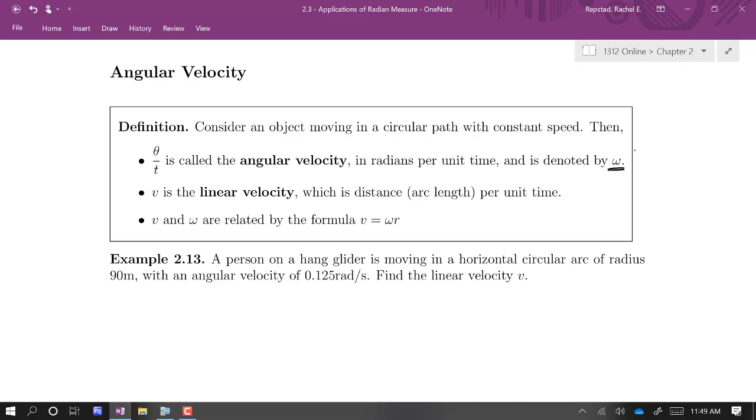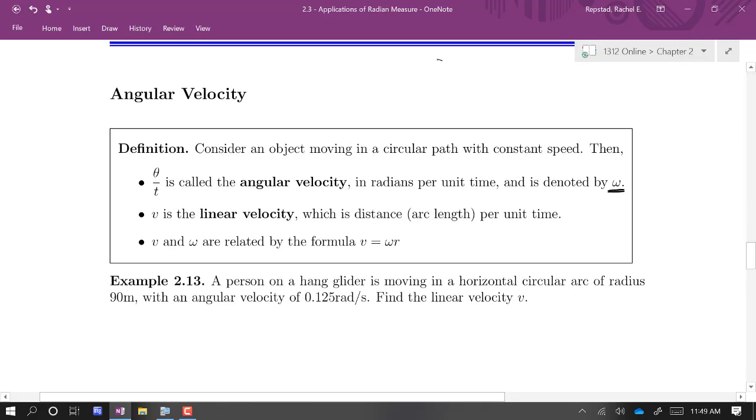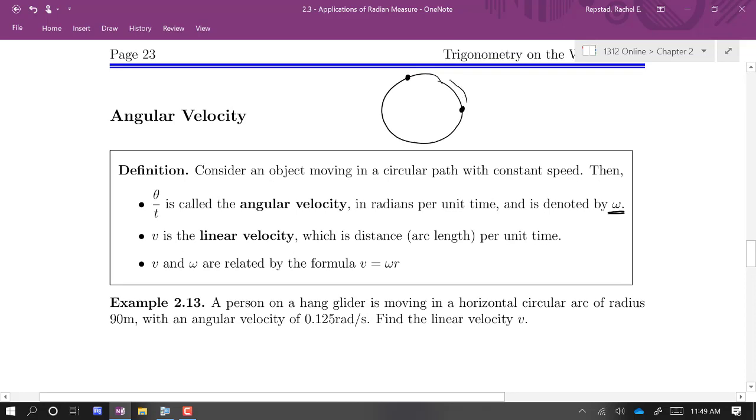V is the linear velocity, so kind of how fast something is moving on the edge. So if I think of a wheel spinning, let's say it starts here and then it ends up here, right? So how fast it's moving along the edge of the wheel, that's V, that's the linear velocity.